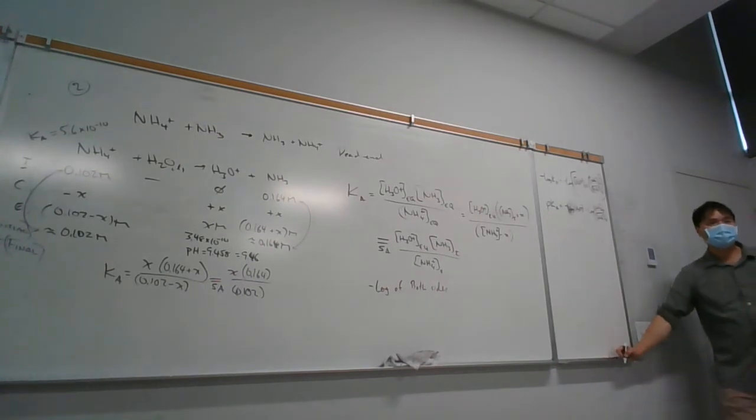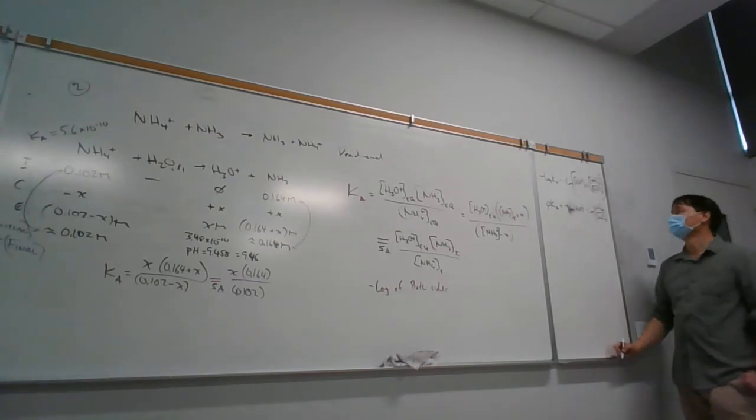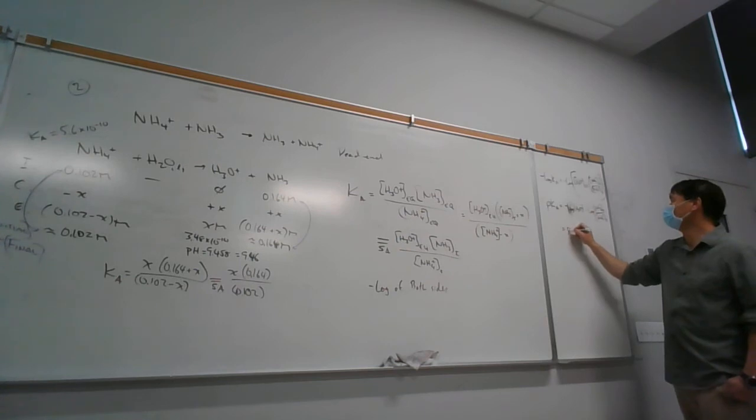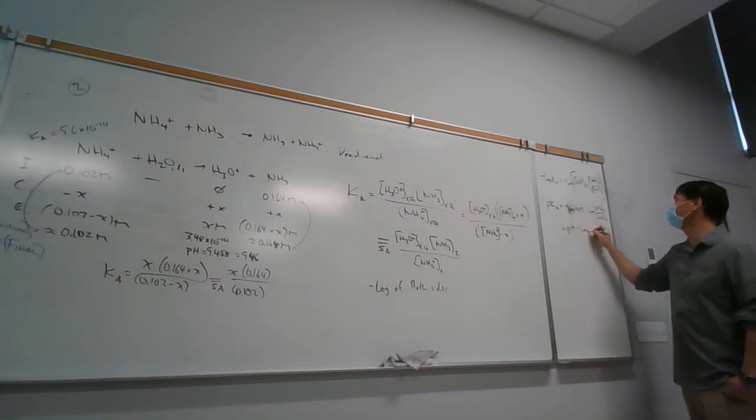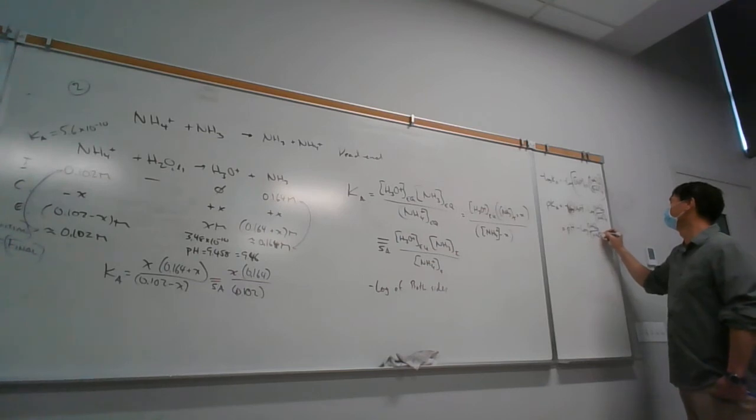Okay with that so far? So this is going to equal pKa equals pH minus the log of ammonia initial over the ammonium initial.